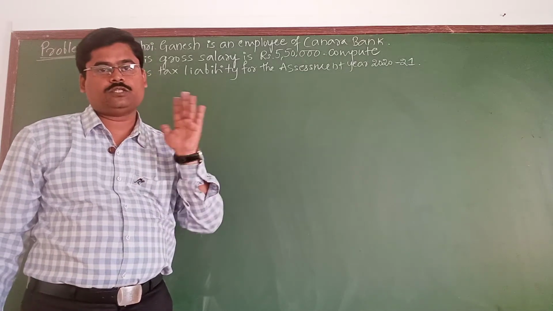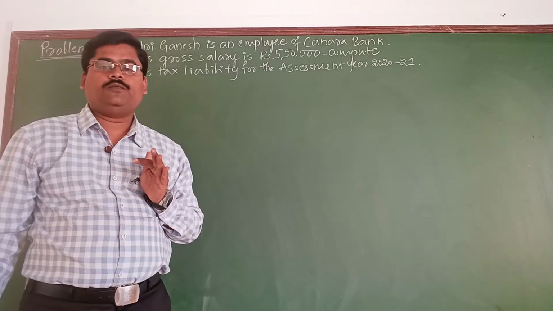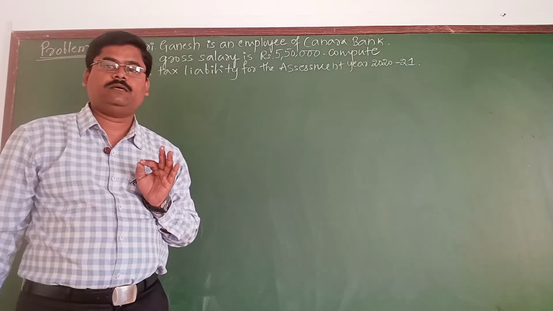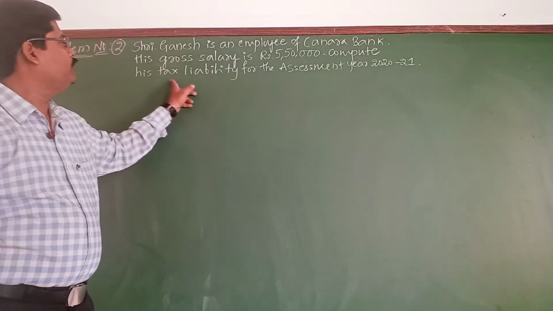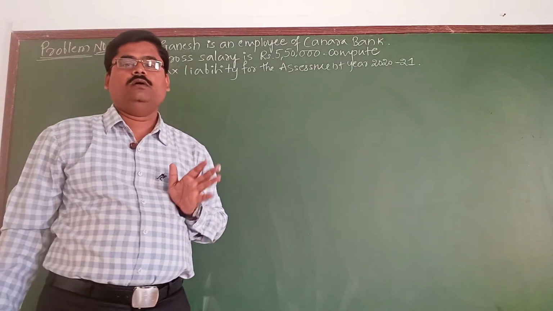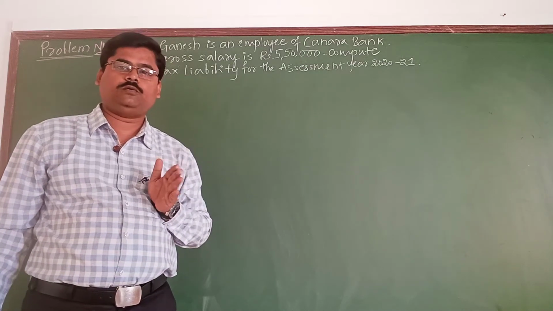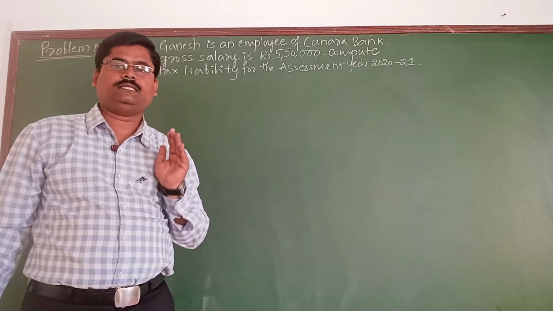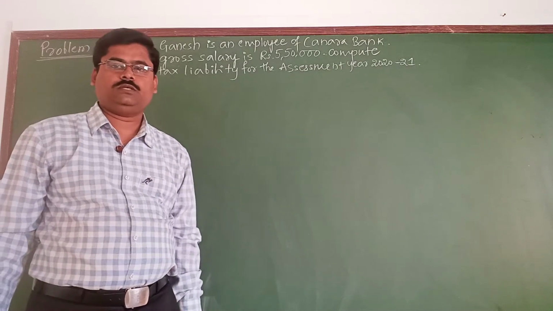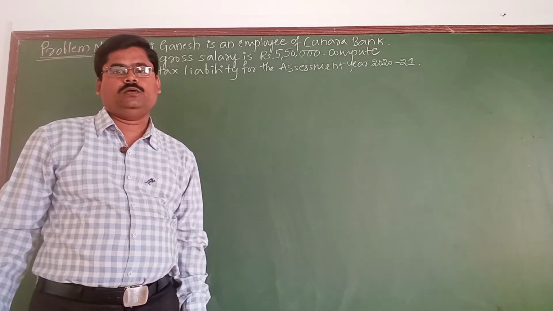That gross salary has to be converted to the total income or taxable income. Compute the tax liability for the assessment year 2020-21. Whatever tax rates are applicable for the assessment year 2020-21, those we are going to apply to this problem.